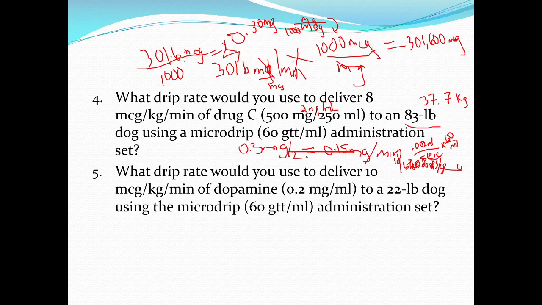Drip rate to deliver 10 micrograms per kilogram per minute of dopamine, 0.2 mg per mil, to a 22-pound dog using the microdrip 60 GTT per mil administration set.